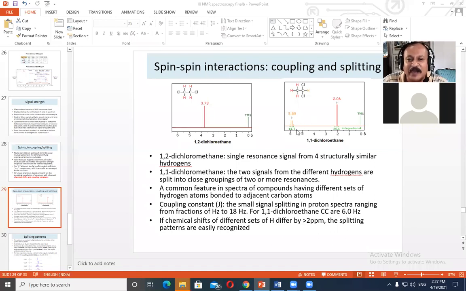Therefore if you look at the NMR spectrum, we are going to get two different peaks: peak number 1 and peak number 2. Peak number 2 is because of this particular proton, which probably requires a lesser energy for the transition, whereas these protons require a higher energy.